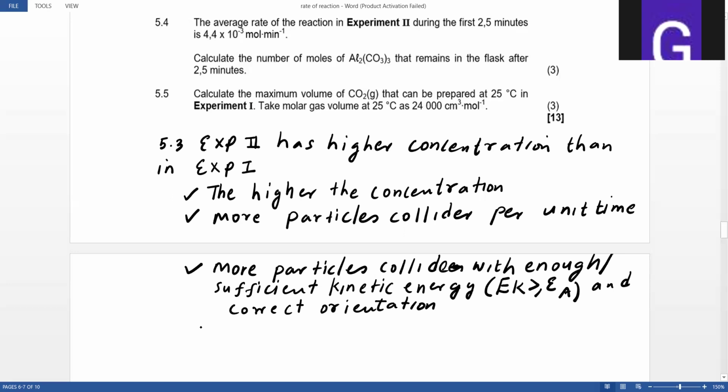It means it will result in more effective collisions, more number of effective collisions per unit time.